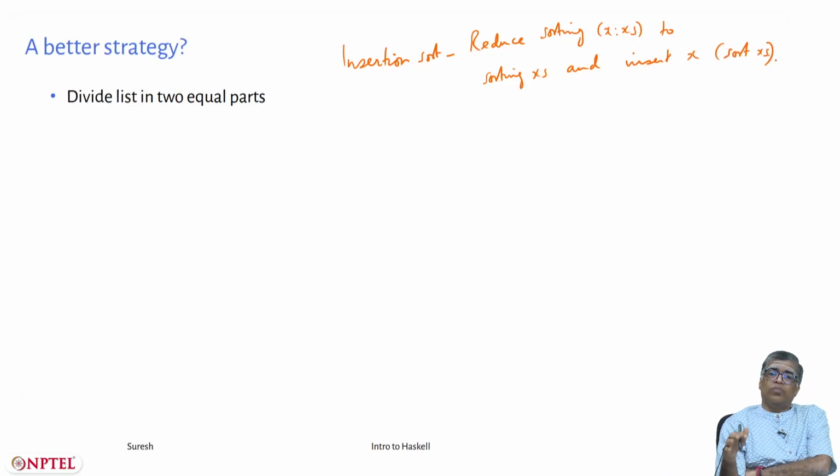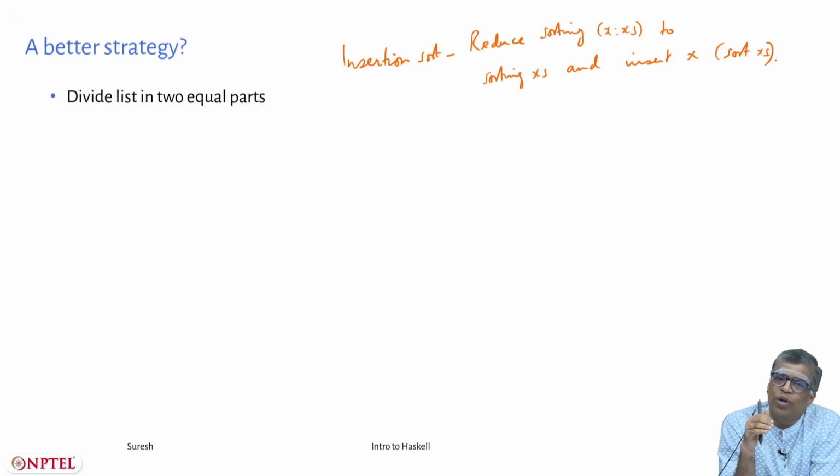Okay, that's one way, but actually you could try to do better. So to sort a list of length n, you sort a list of length n minus 1 and then do something. You can actually do better if you divide the task more equally.